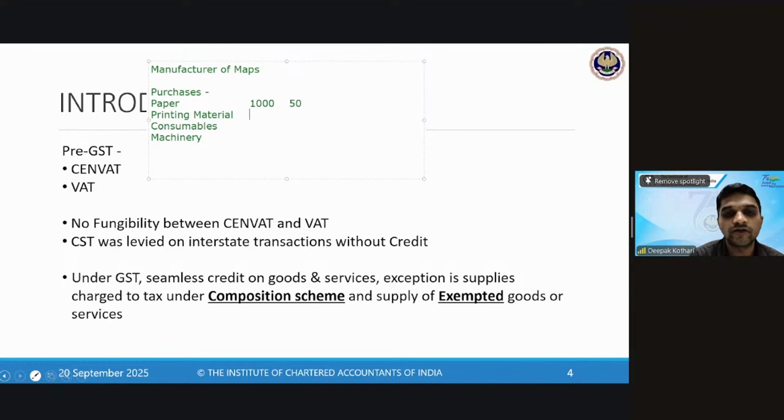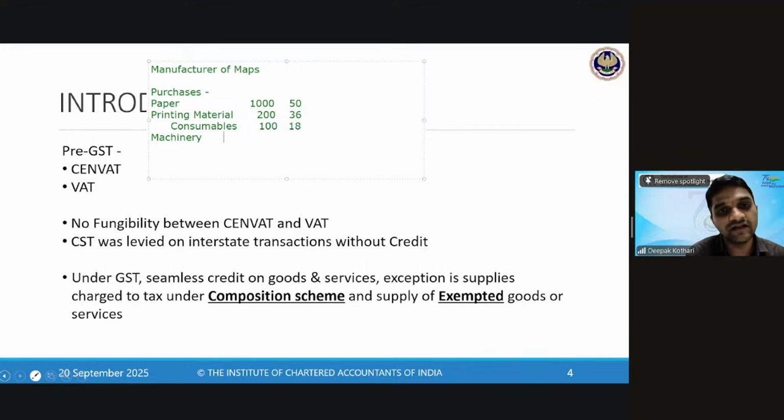Printing material he has procured say 200 rupees. On 200 rupees, the GST is 18%, which will be 36 rupees. Consumables, say 100 rupees. On 100 rupees, he will charge 18 rupees because there the GST rate is 18%.